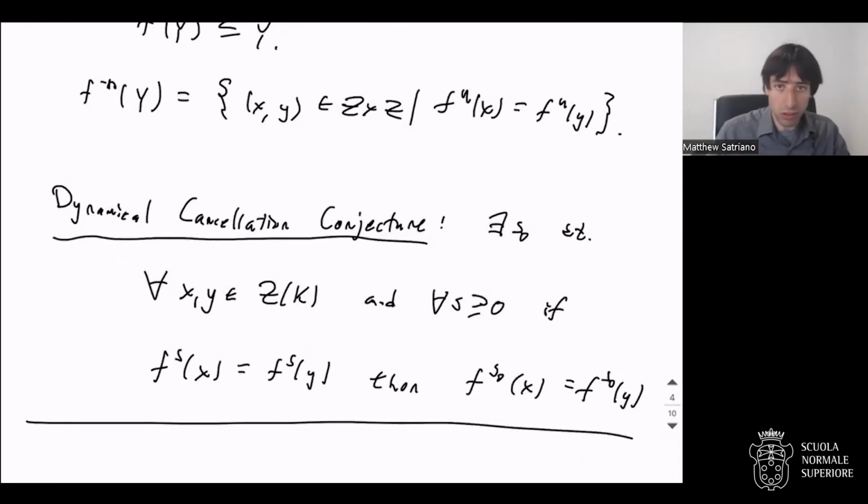So you have this cancellation, which says that you can cancel these f's in order to get down to a smaller power.